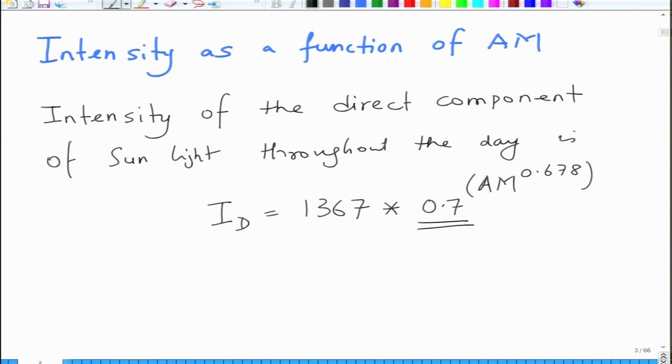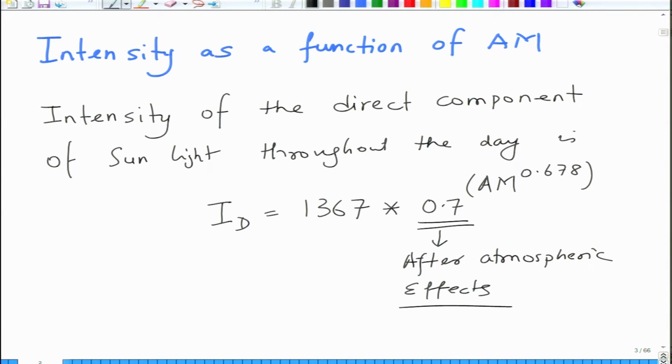So this is the 0.7 factor. This is really after atmospheric losses. So you can see that if this exponent factor was equal to 0, then this would be about 1367 into 0.7. Whereas the 0.678 is the empirical fit to the data.